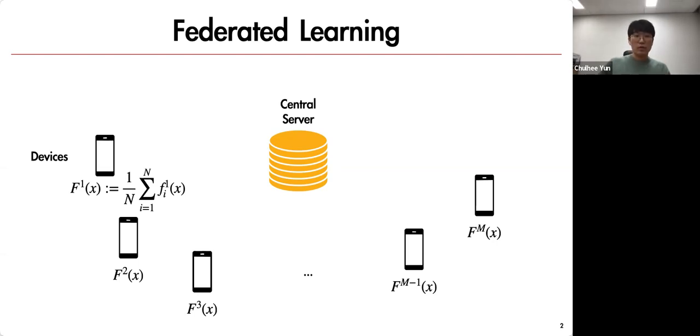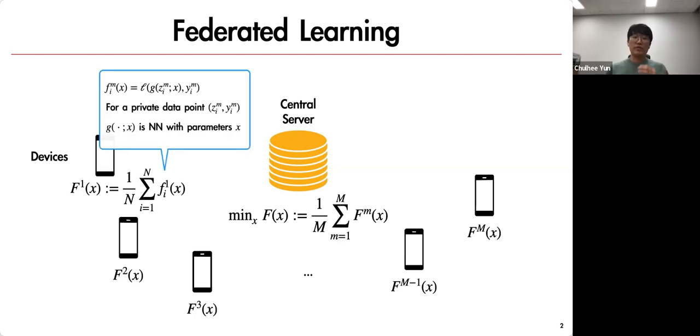And there's a global objective function, which is the mean of the m local objective functions. In the supervised learning example, where we want to train a neural network with a supervised training data set, the optimization variable x would correspond to the parameters of the neural network, and each component function, f_{m,i}, would correspond to the loss function defined on a data point.